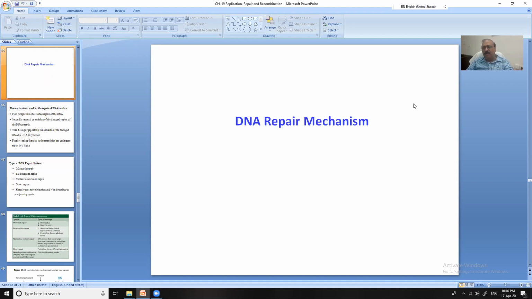Whatever the repair, because there are many mechanisms of repair, there is a clear-cut role of DNA polymerases, polymerase 1, polymerase 2, and simultaneously a role of exonuclease enzyme, endonuclease enzyme, and DNA ligase, because once a nick is created, that nick is repaired by the DNA ligase enzyme, which is the linking enzyme.